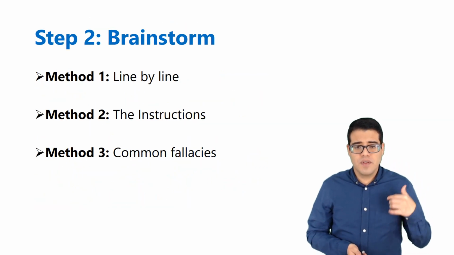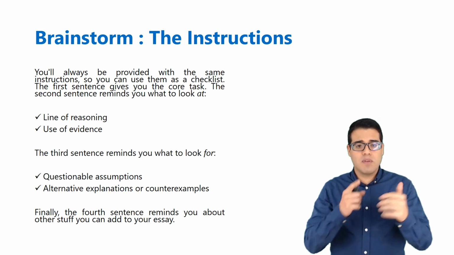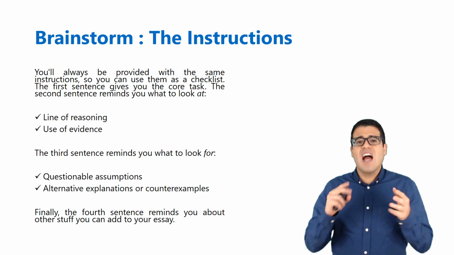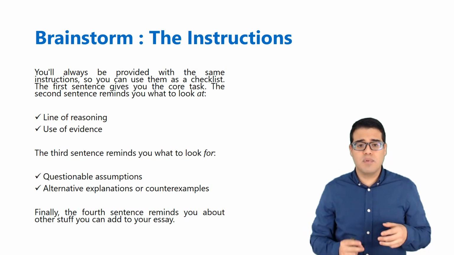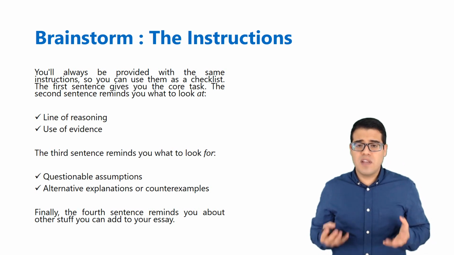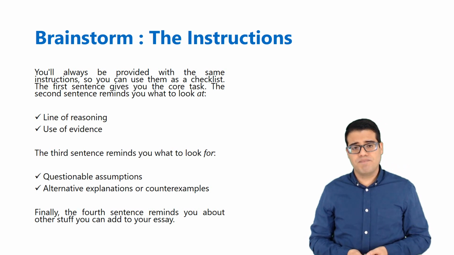So, the instructions are very useful. And basically, you need to think about the line of reasoning, the use of evidence, questionable assumptions, alternative explanations or counterexamples. And maybe what else does the author need to support his main claim?